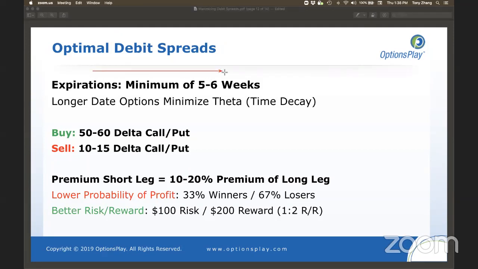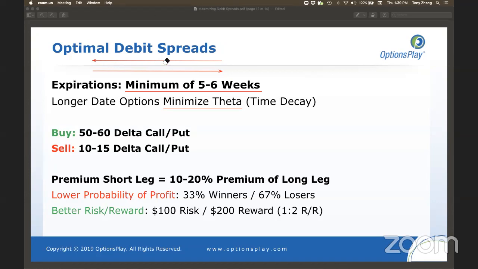So we always want to go further out in time when we're buying, and we want to go shorter in time when we're selling, because of time decay. So when we're buying options, we usually want to buy a minimum of 5 to 6 weeks out. About 45 days is usually the minimum that we want to utilize for these types of strategies, because longer dated options minimize theta, because theta is what's working against us when we're trading these debit spreads.